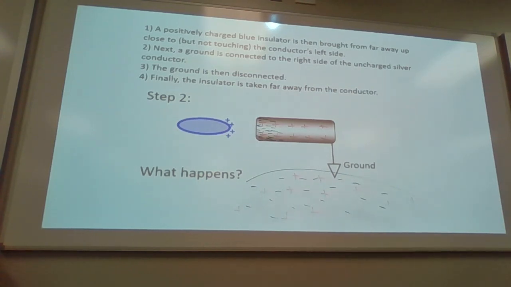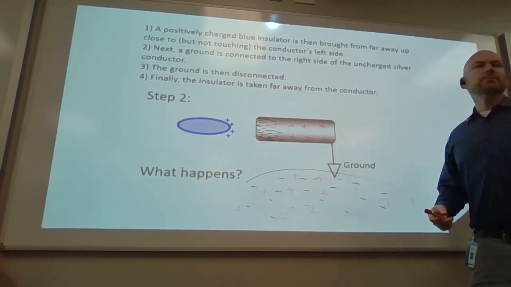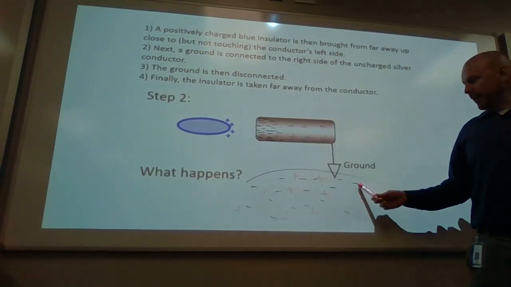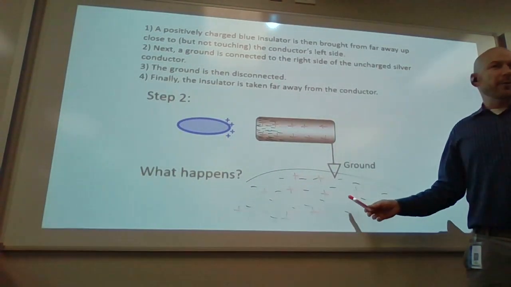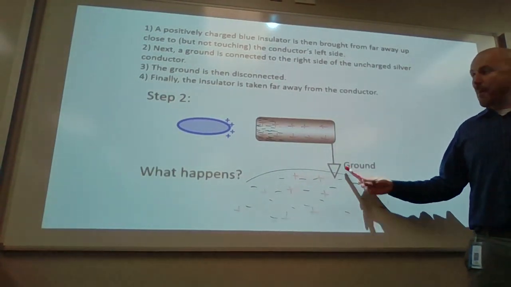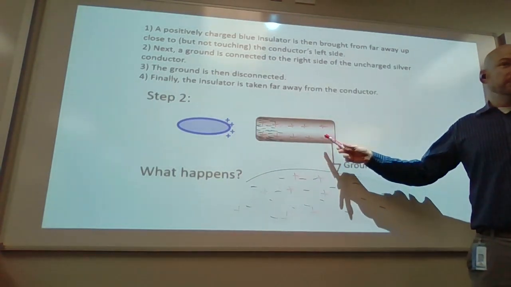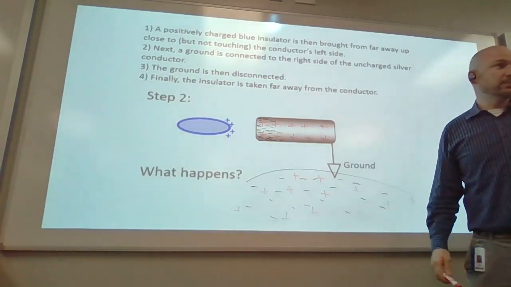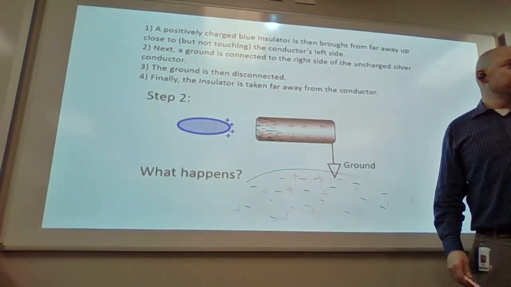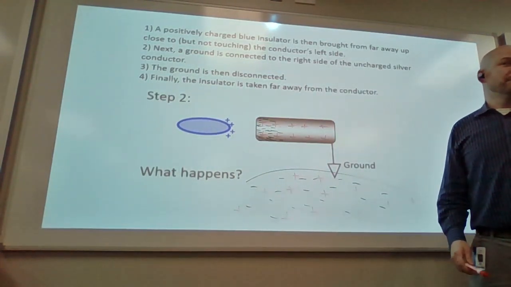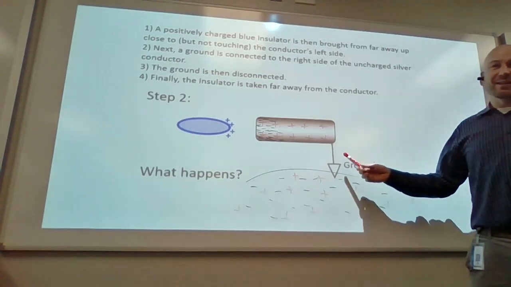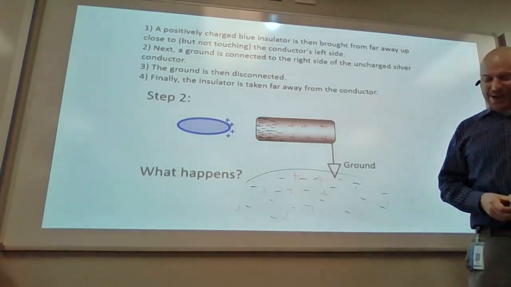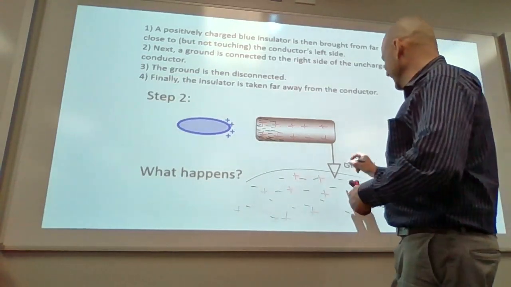So if you're an electron, where would you rather be? In the ground, where we have a 1-to-1 ratio, or here, where it looks like you've got a whole bunch of exposed protons? Electrons are like, hey, how you doing?